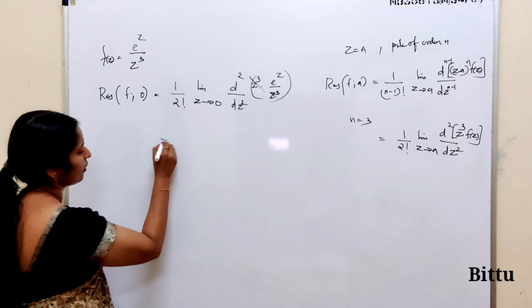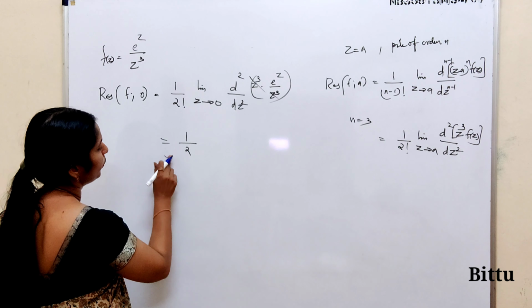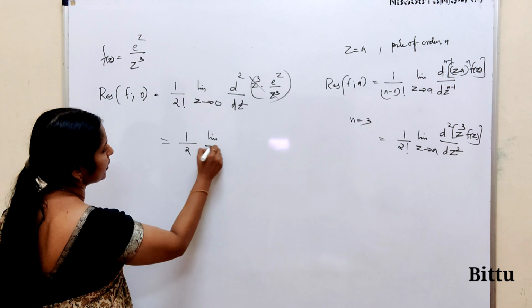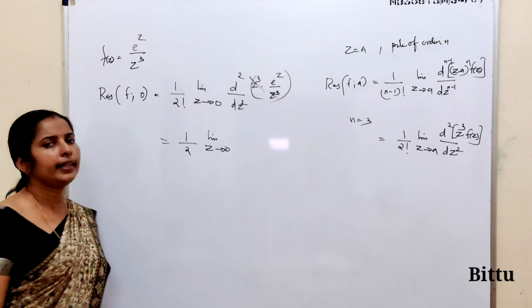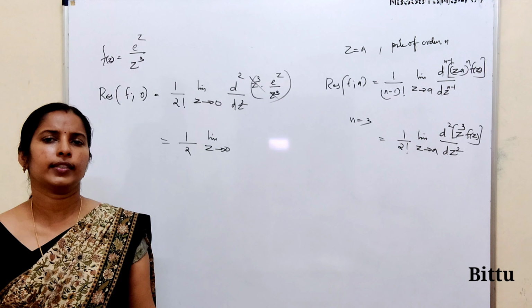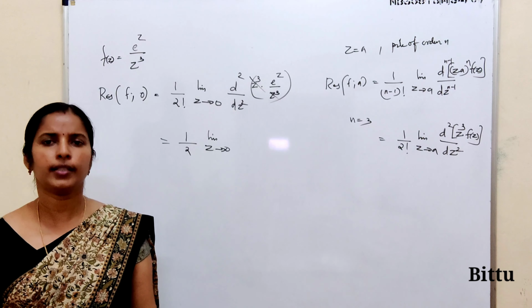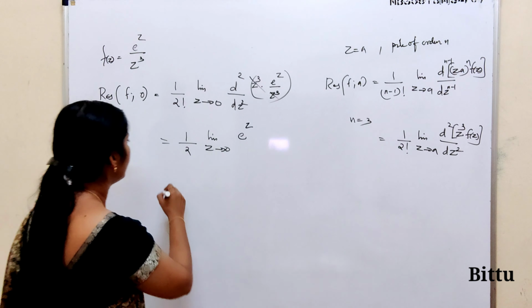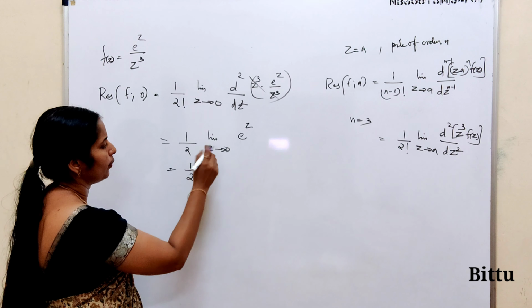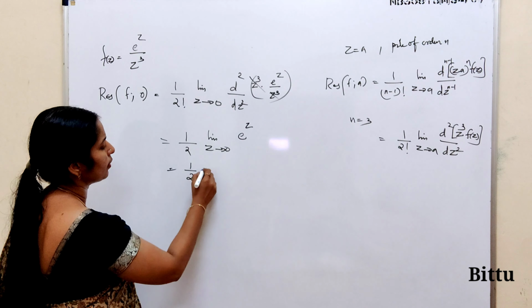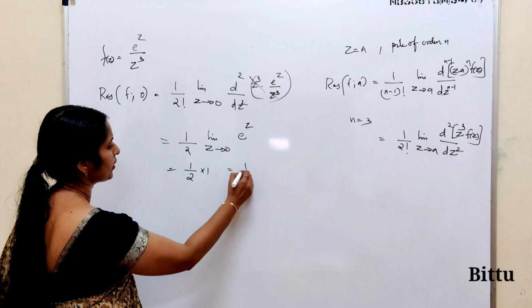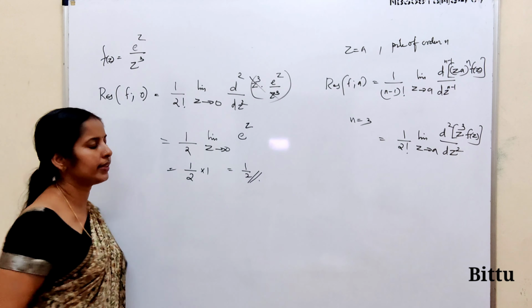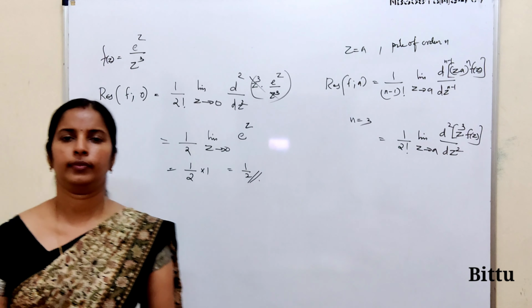This will cancel each other. You can see this, 1 by 2, limit z tends to 0, second derivative of e raised to z. First derivative is e raised to z, next derivative is also e raised to z. So it is e raised to z. That is 1 by 2 into, when z tends to 0, e raised to 0, which is 1. So the residue of f at 0 is half.